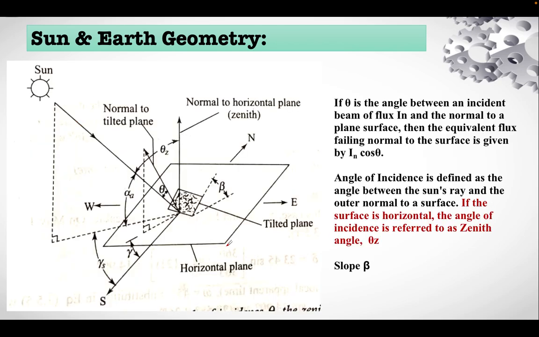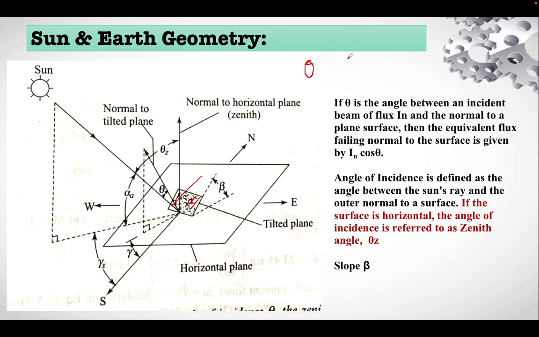For the next angle, you must know what the receiver is, and the position or orientation of the receiver. Consider this plate as a solar receiver, and we have to find the angle of incidence. Why is this angle of incidence theta important?